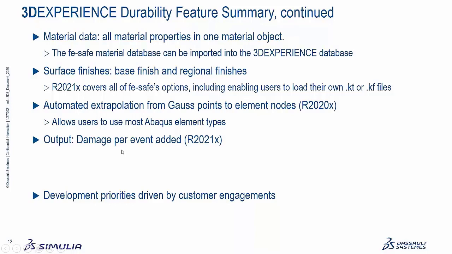We expanded the output options so that you can get the damage per event. That's often used by people who want to do their own manipulations in spreadsheets with damages from different events. A key factor, of course, in most of our development is that it's prioritized based on feedback from customers, but it's even more heavily so in 3DX, where it's driven by actual customer engagements.